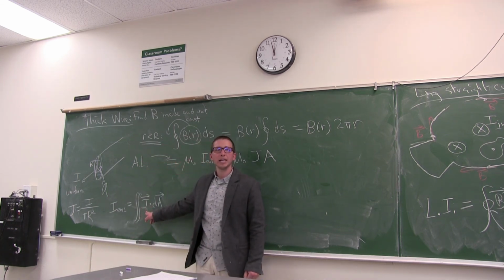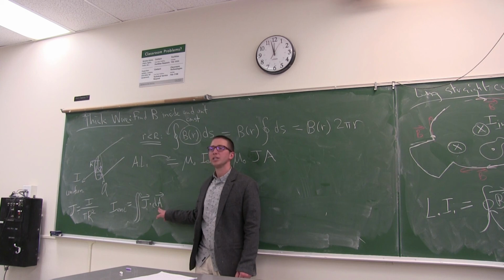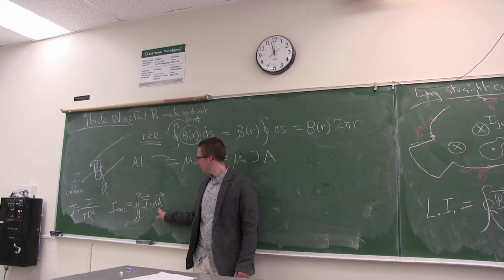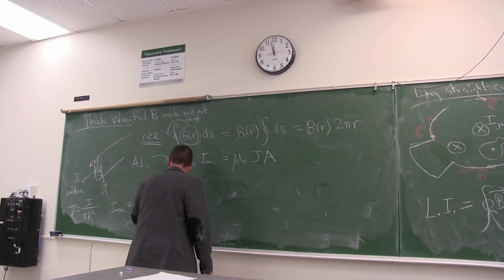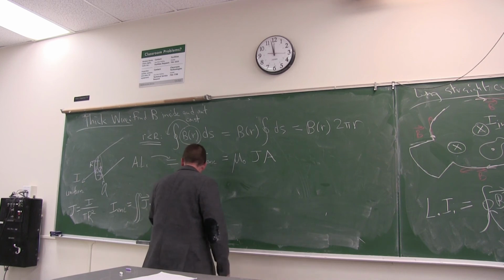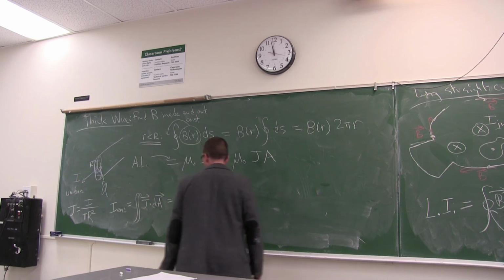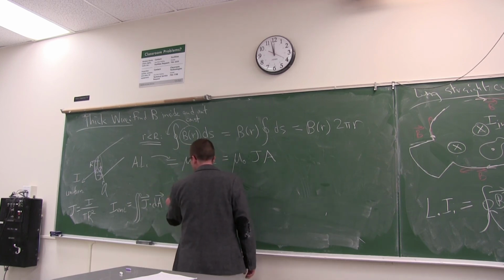Right? Current density is just charge per unit area dotted into the area element. But if the area element and J are parallel, what we get is the integral of J dA. And if J is constant, it comes outside of the integral, which it is for us.